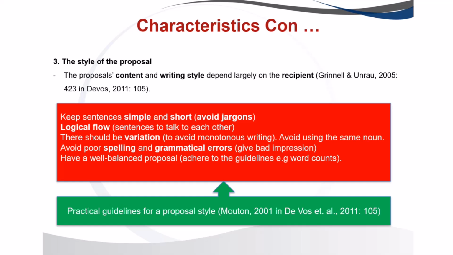The readers of a dissertation are not the same as when you write an article or a book chapter. So the recipient differs, and hence the writing style will differ.